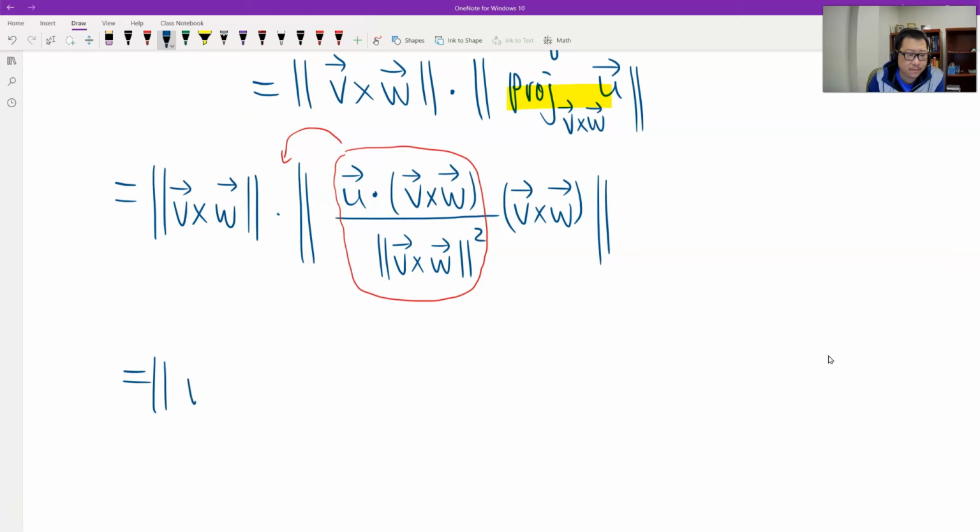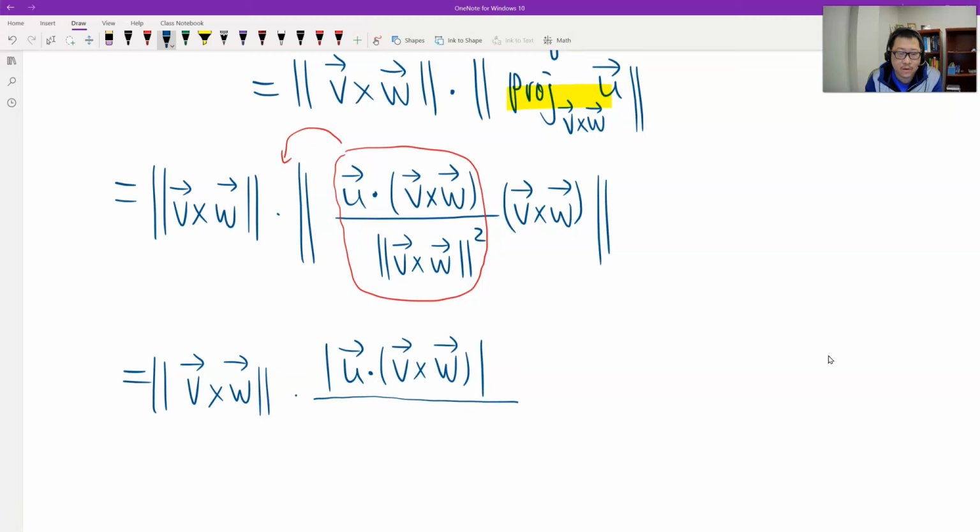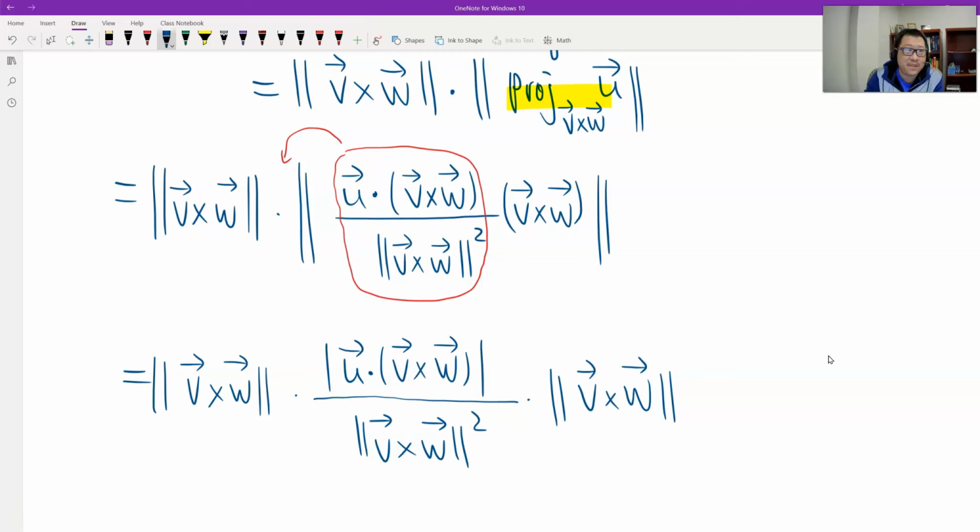We have the first V cross W, let me just leave it here, and then times absolute value of U dot V cross W over the norm of V cross W squared, and we left the 1, times the norm of V cross W, and then we simplify. This is the second power, and then the denominator also the second power, so we cancel everything. We have 1 left.